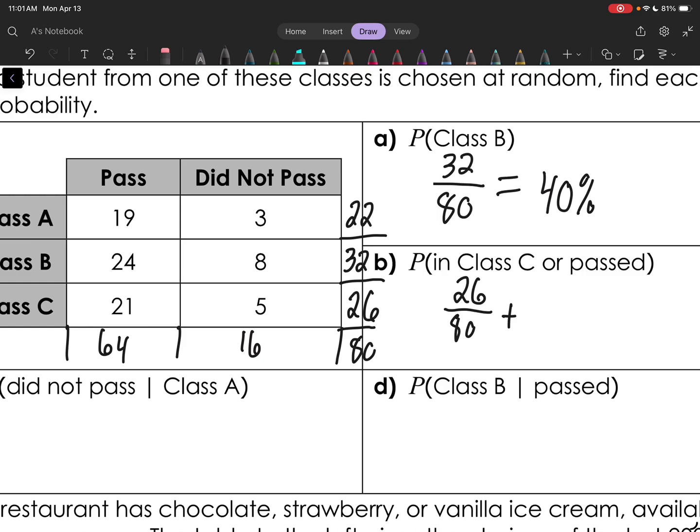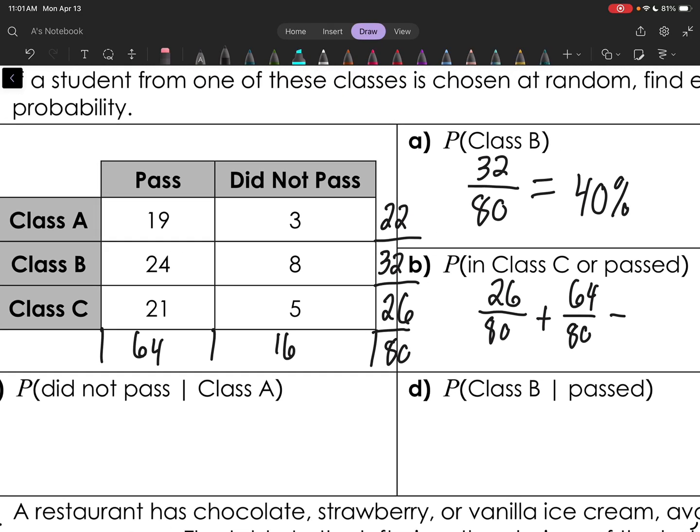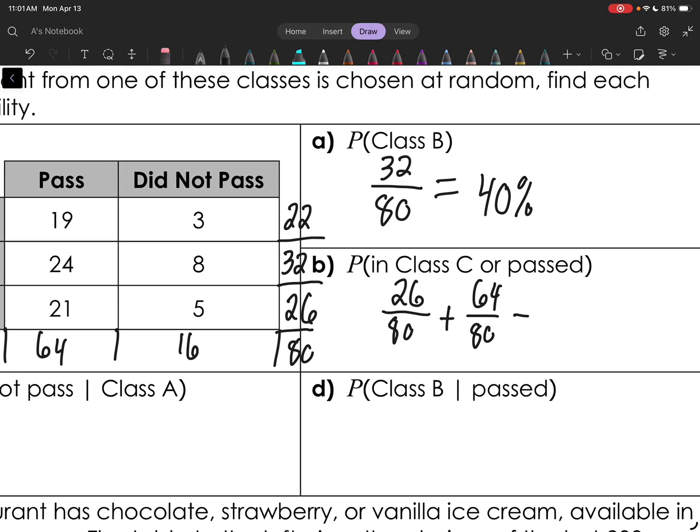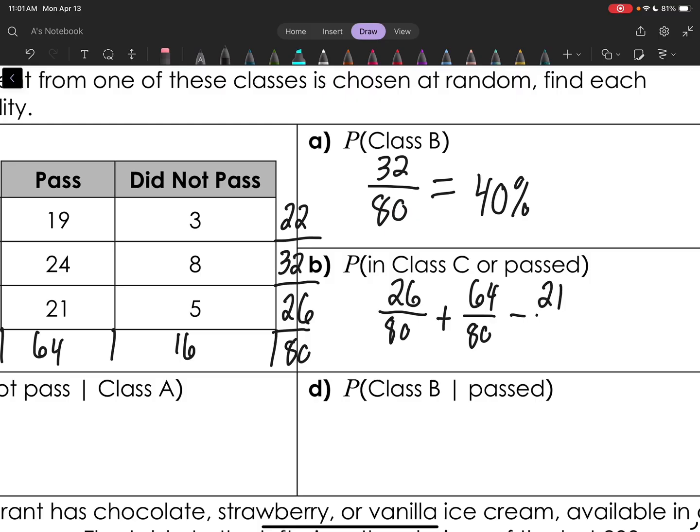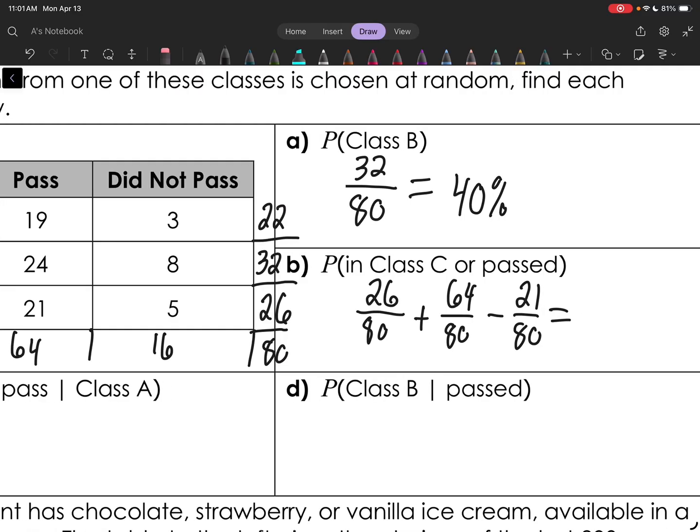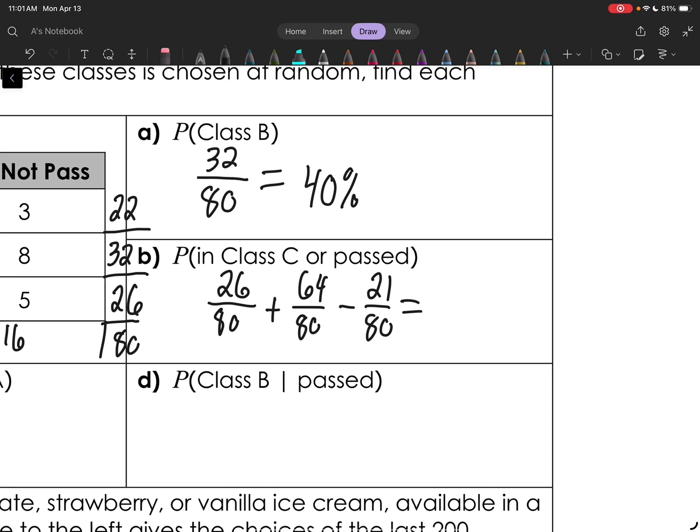Plus 64 passed over 80. And the people in Class C who did pass were 21 over 80. Okay, this is mutually inclusive. Make sure you subtract out the people in both. Okay, this is 64 plus 5, 69 over 80.